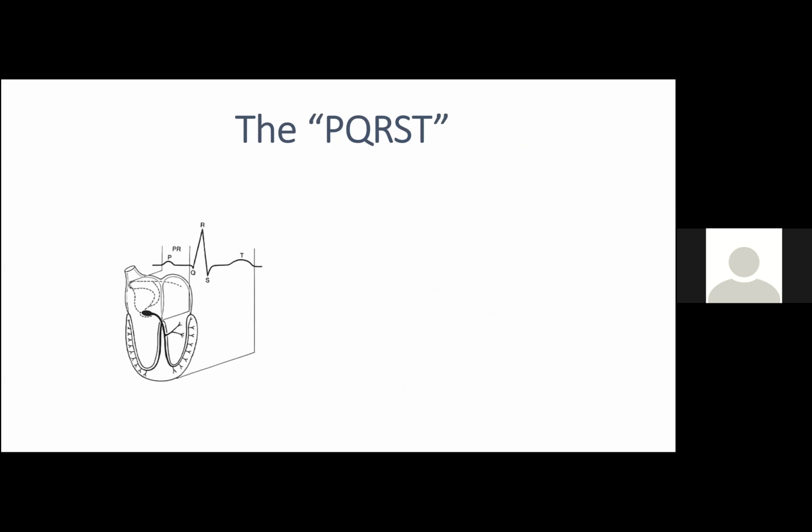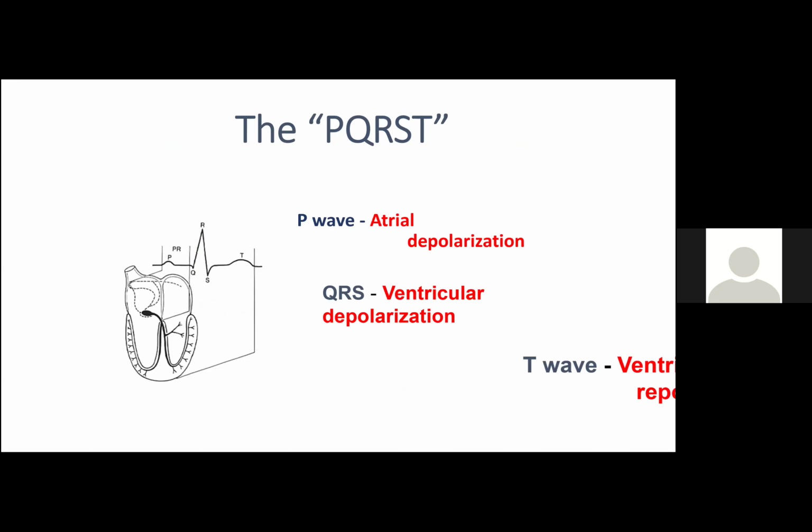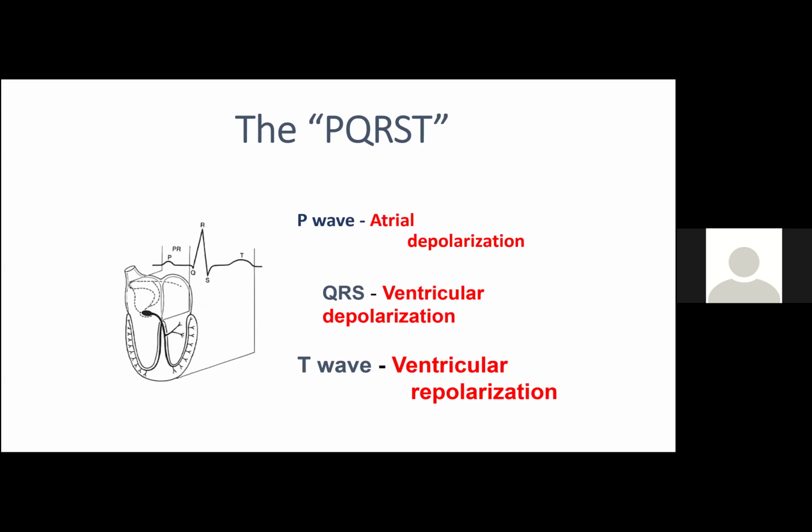So the P wave is the atrial depolarization. We are not seeing the atrial repolarization in the 12-lead ECG, in the surface ECG. The QRS will just highlight the ventricular depolarization and the T wave the ventricular repolarization.